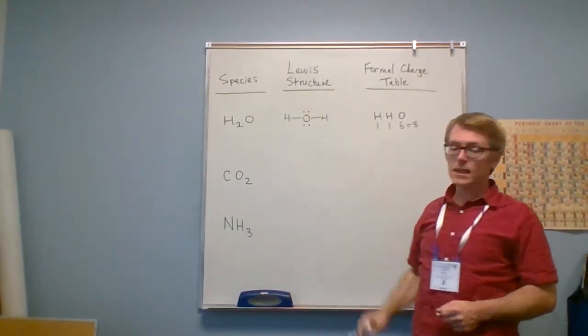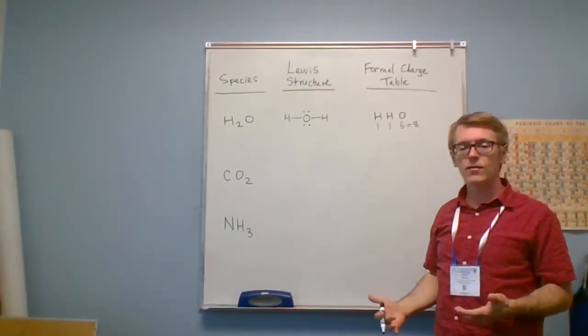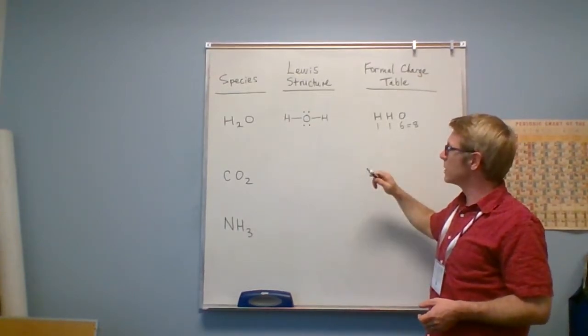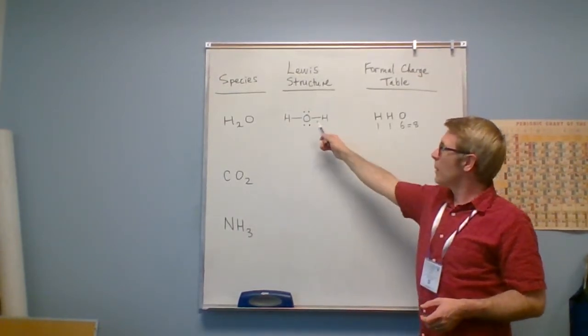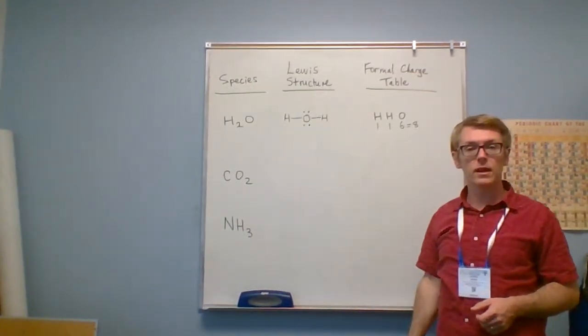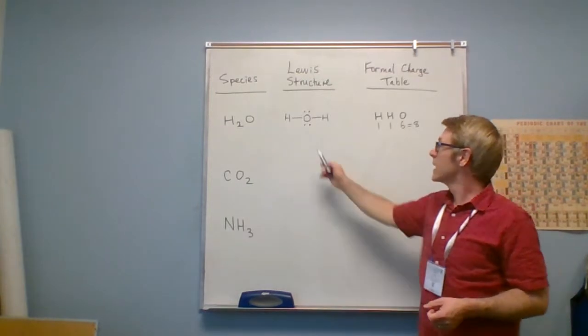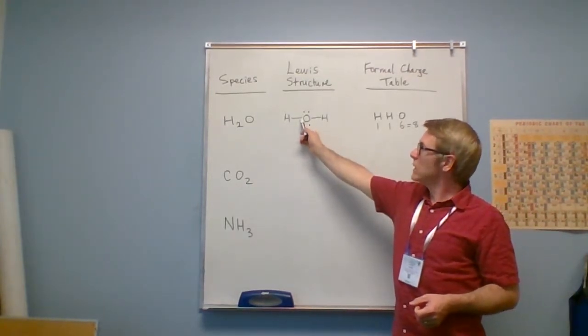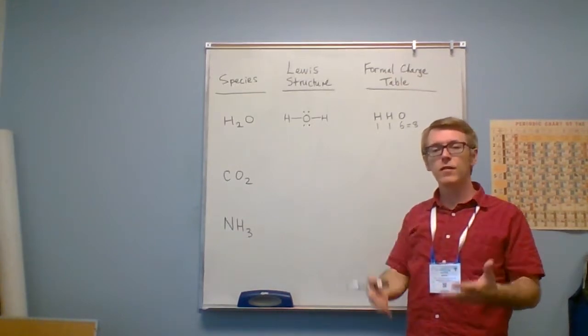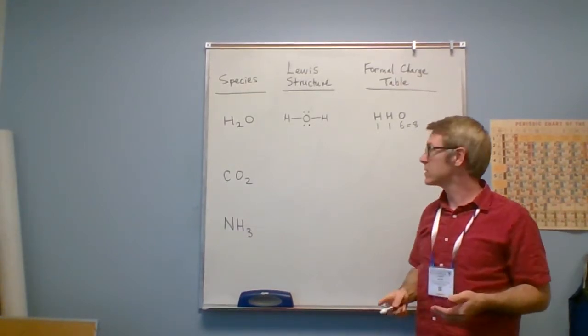Now I've assigned electrons, I have to analyze how I've assigned them. The next line on my formal charge table, I look at bonding electrons, these lines, and non-bonding or lone pair electrons, which are the dots. Hydrogen has 1 line, that's 2 electrons, and you get to keep 50% of all of the line electrons.